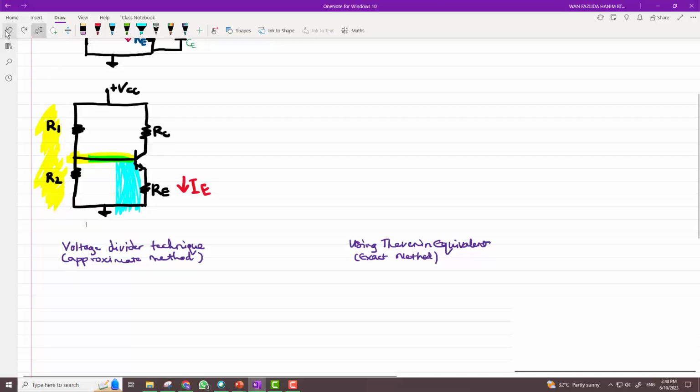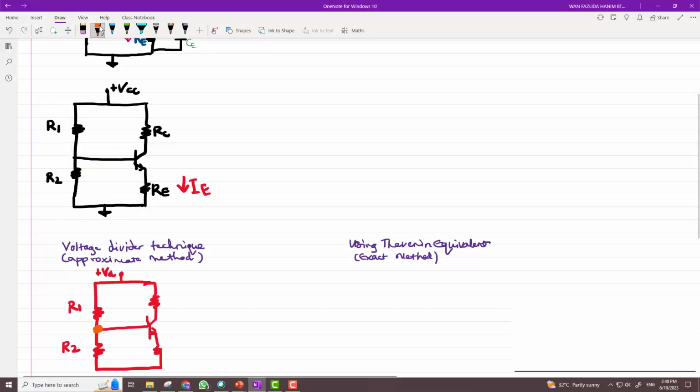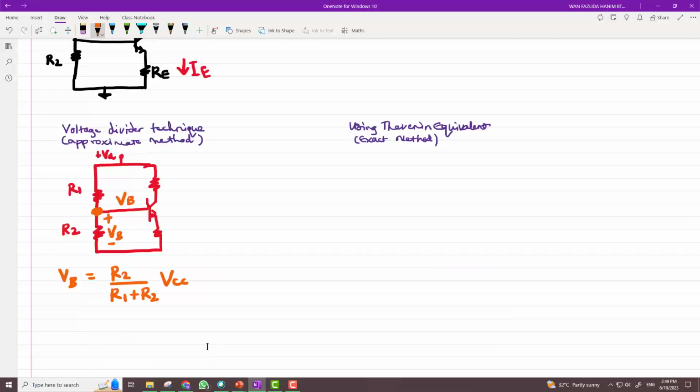Therefore, we can use the voltage divider rule. You are trying to find the voltage at this point in the middle here, which is VB, the voltage at the base terminal. So this is the voltage divider technique.